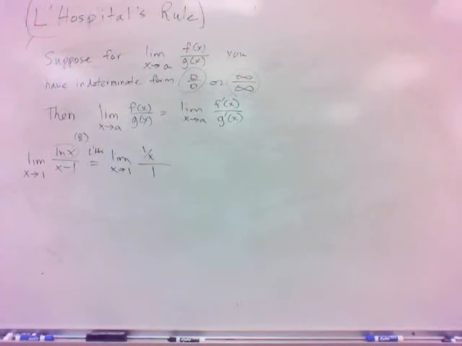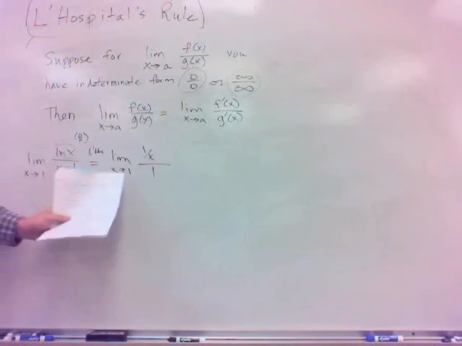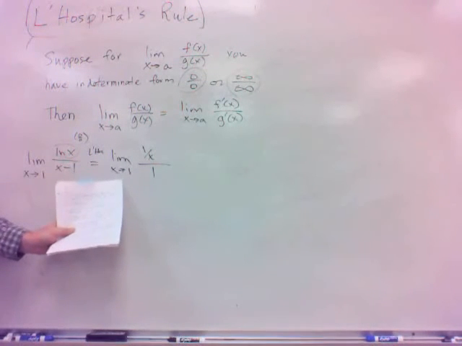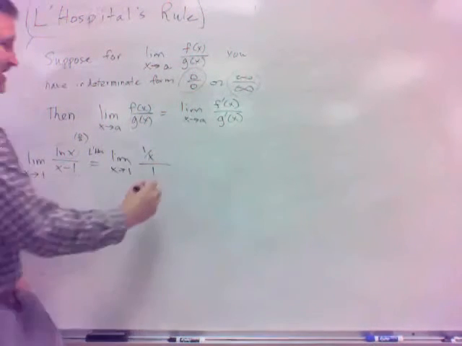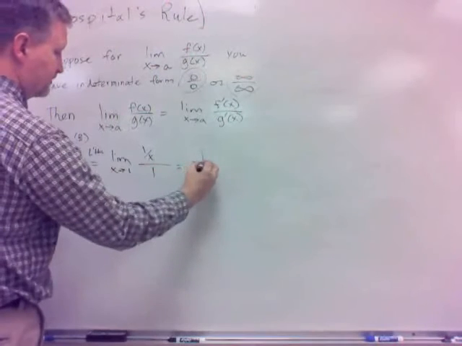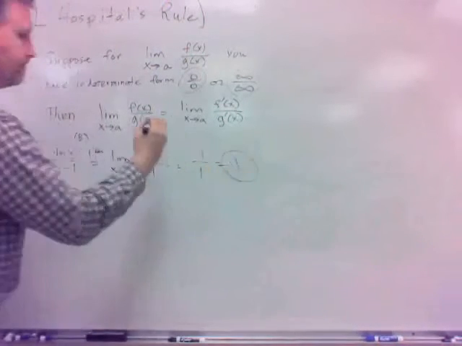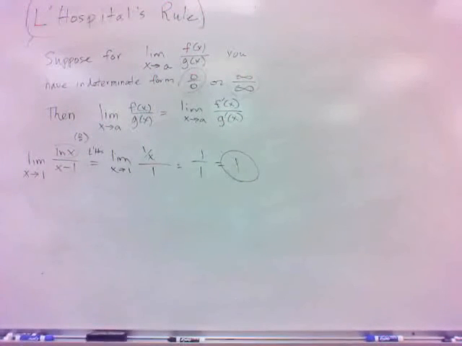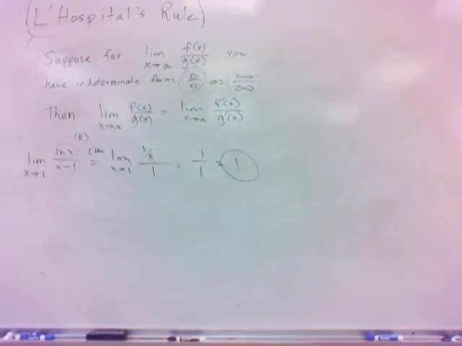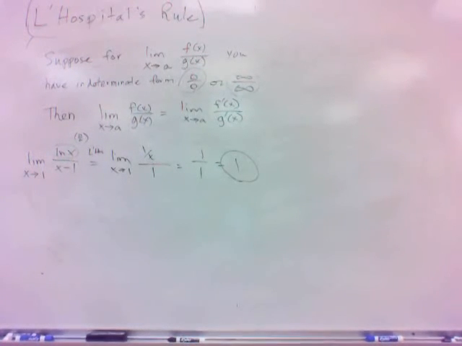L'Hopital says I can do that, since it's 0 over 0. Now, why would I want to do that? Well, notice now, can I do that limit? I can, can't I? As x approaches 1, this goes to 1. L'Hopital tells me the limit of ln of x over x minus 1 is going to be 1. So it's a little something different we can do when we have 0 over 0 or infinity over infinity.